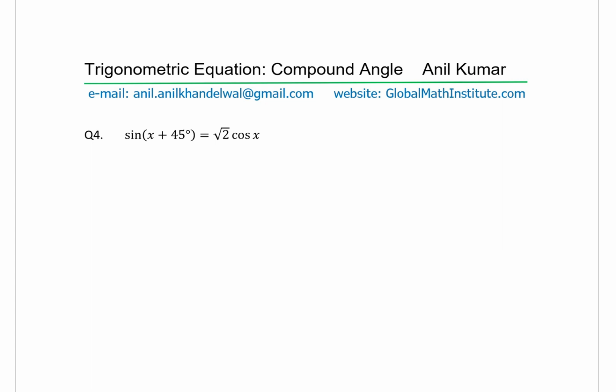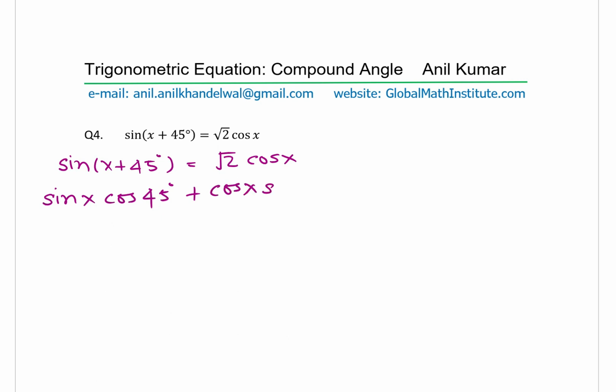Well, we are now given the compound angle. So we are saying that sine of x plus 45 degrees is square root of 2 times cosine x. We'll expand this time. So we can write this as sine x cos of 45 degrees plus cos x sine of 45 degrees is equal to square root of 2 cos x. Well, you have this special triangle once again.